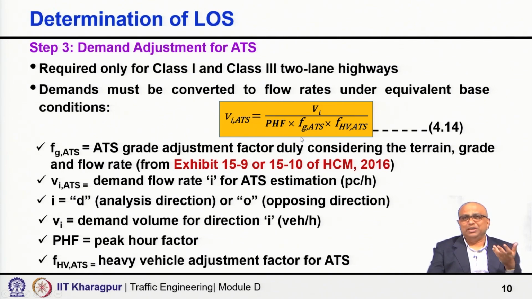The formula may look very similar, but the actual values are sometimes very different. So, similar heavy vehicle adjustment may be done for PTTS, and that we will write as FHV PTTS, and when we are doing the similar adjustment for ATS, we will write FHV ATS.